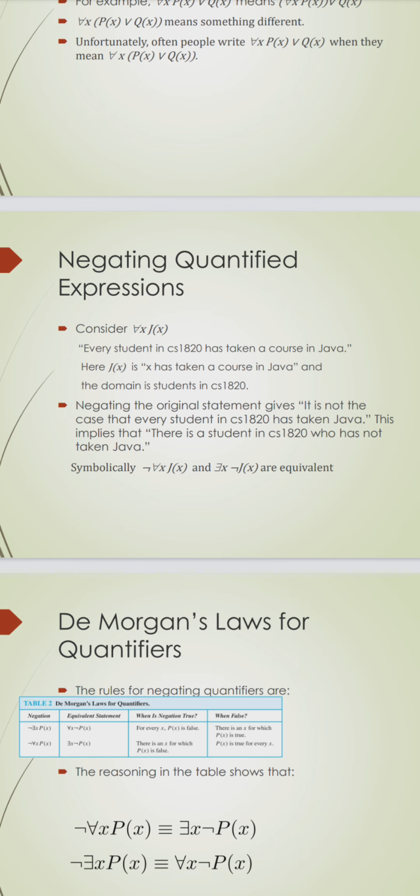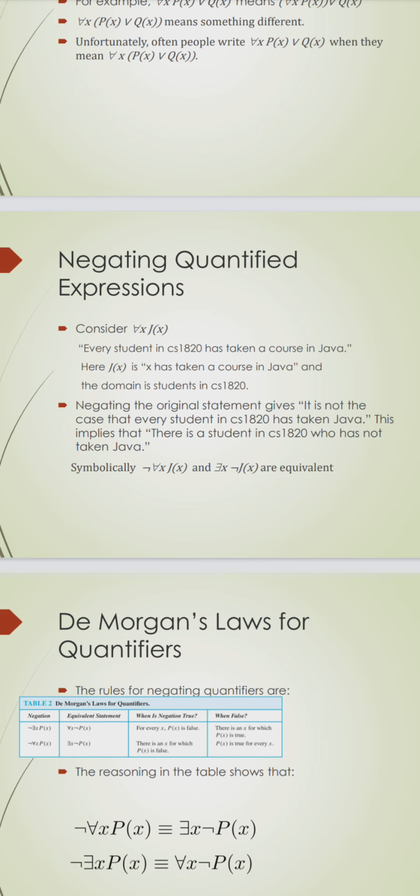Negating quantified expressions. Consider for all x f of x. Every student in CS 1820 has taken a course in Java. Here f of x is x has taken a course in Java and the domain is students in CS 1820.